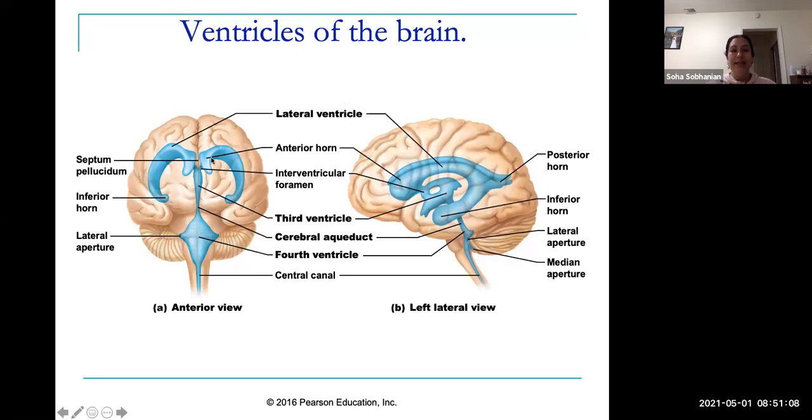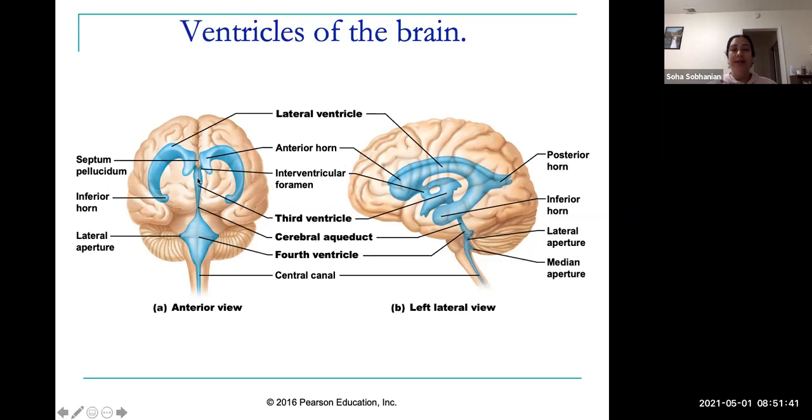What you see as these horn-like structures, like a goat horn, a ram, these semilunar structures, which on the side view look like this, are referred to as your lateral ventricles. So they're on the side.